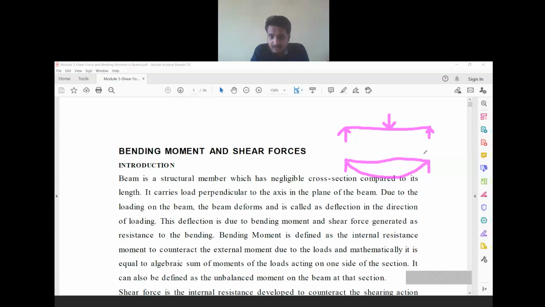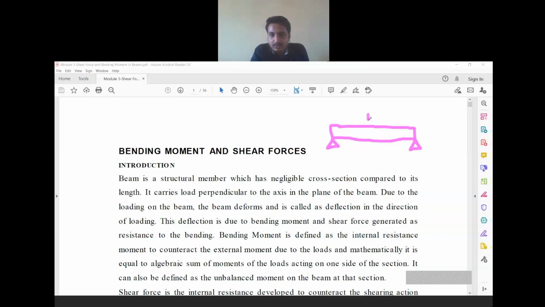While undergoing this type of deflection, I'll draw more neatly here. So this is the beam. I hope you all understand what a beam is. So this is how a beam will be.